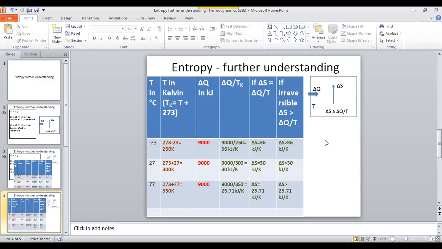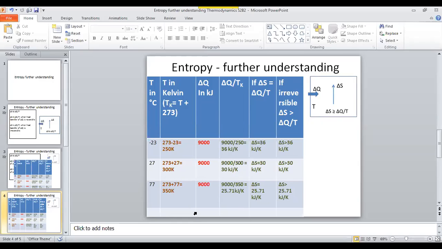So you can see here, higher temperature energy, this transferred heat finally comes as energy here. This energizes the system. But anyway, when the temperature is higher, entropy increases less.